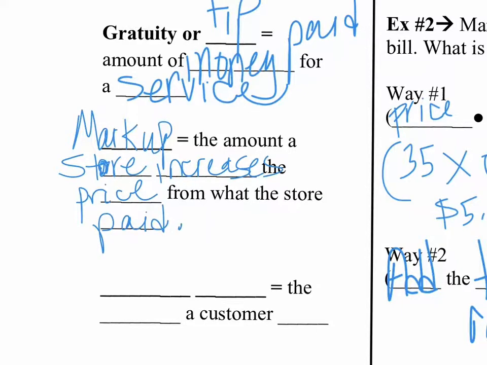The markup is what the store makes in profit from what they actually paid for the item. If they didn't mark up the items, they wouldn't make a profit, and then they wouldn't make any money over what they spent on the items that they're selling.